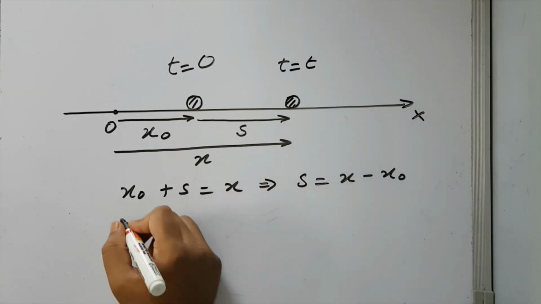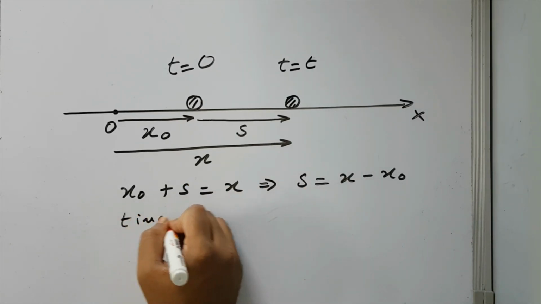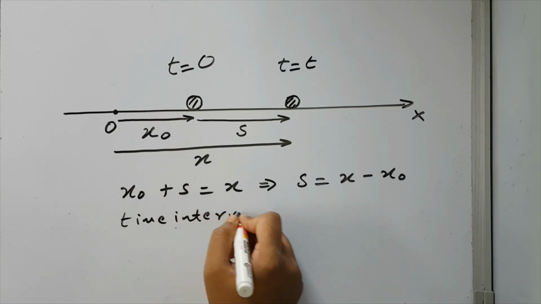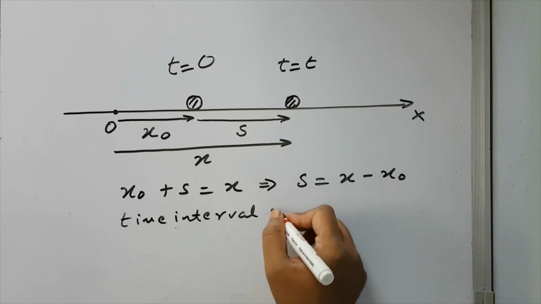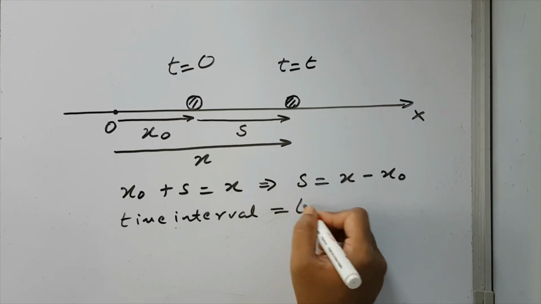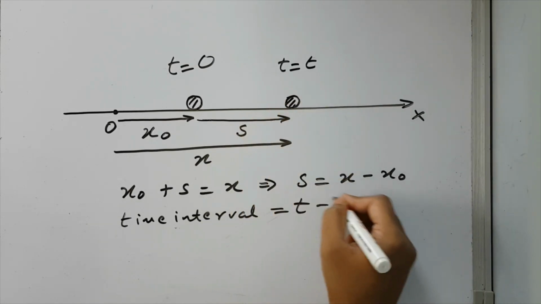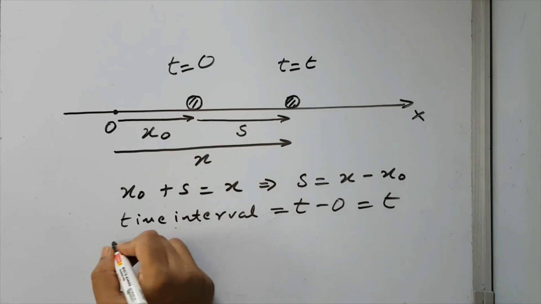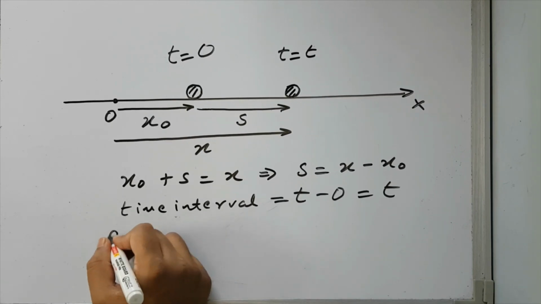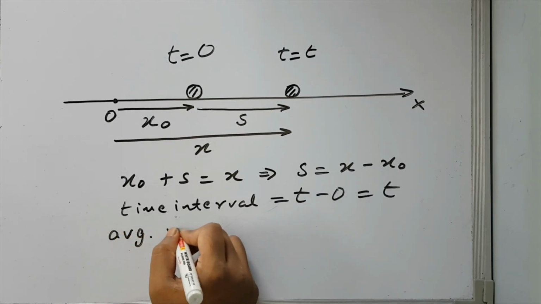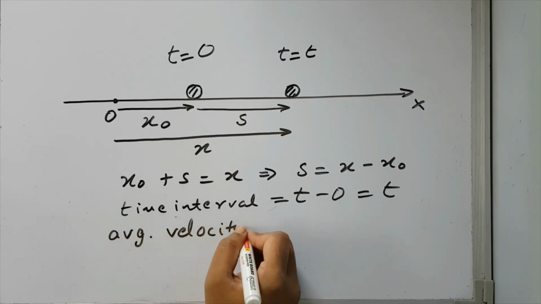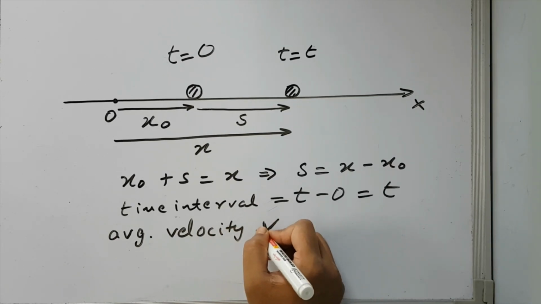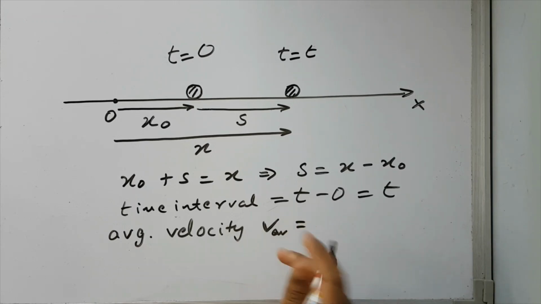And what about the time interval? The time interval is final time t minus initial time 0, so this would be t. So what would be the average velocity in this case? Average velocity, I'll denote it using v average.